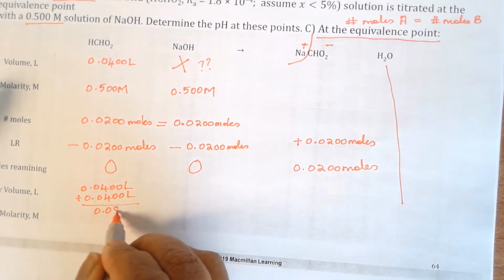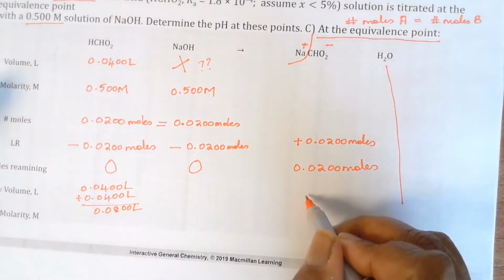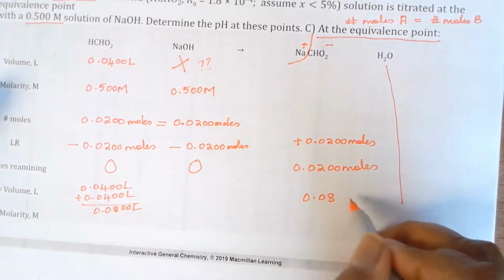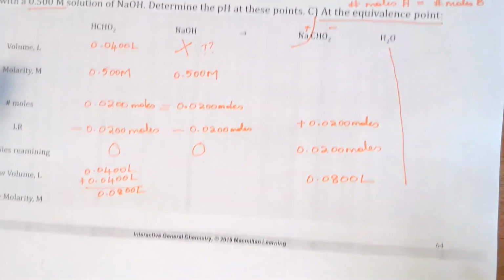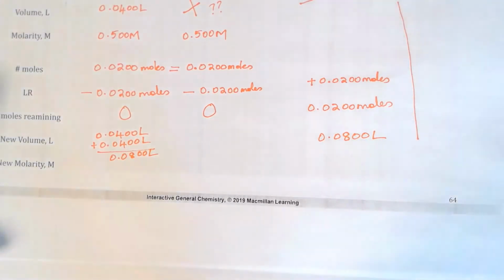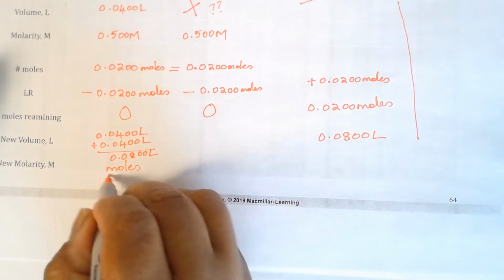So this is 0.0800 liters. So you have 80 ml of total volume. And the new molarity is moles over liter.